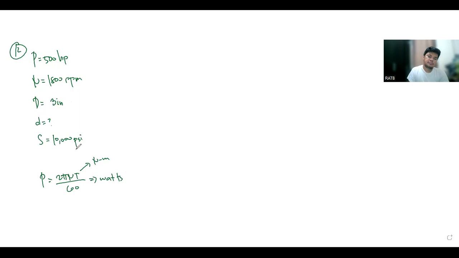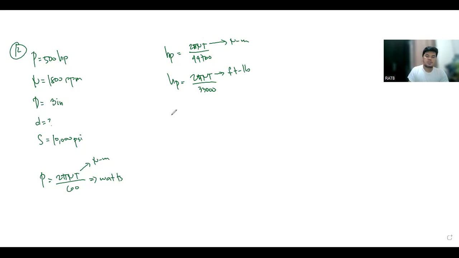Since we are using English units, we may use an additional formula: HP equals 2 pi nT divided by 33,000, where torque is in foot-pound. Therefore we can calculate the torque.